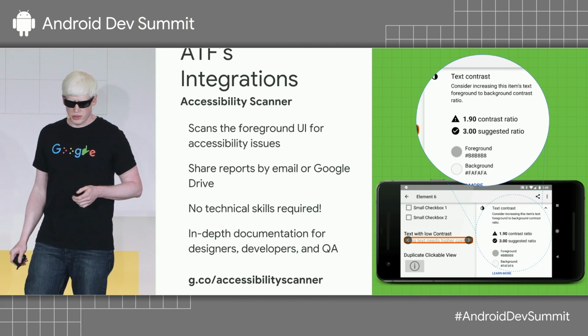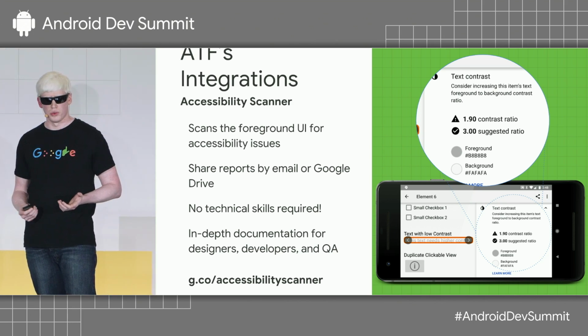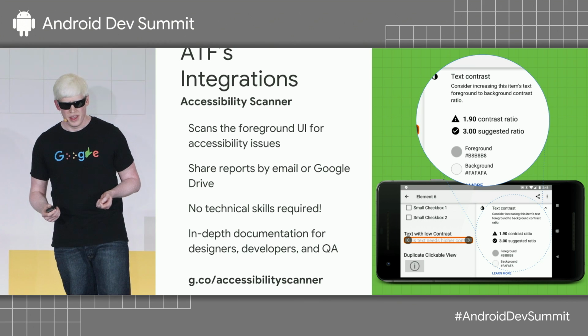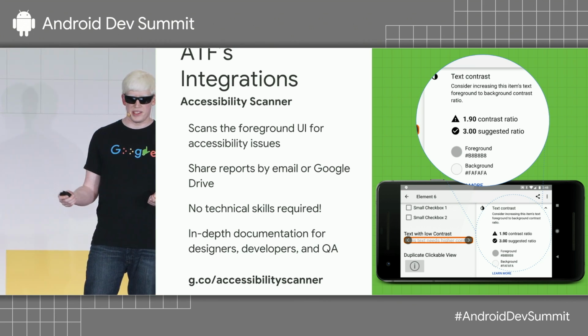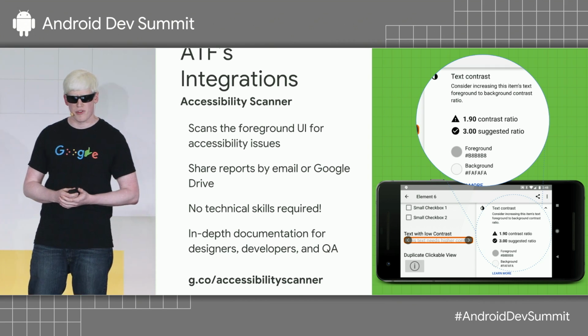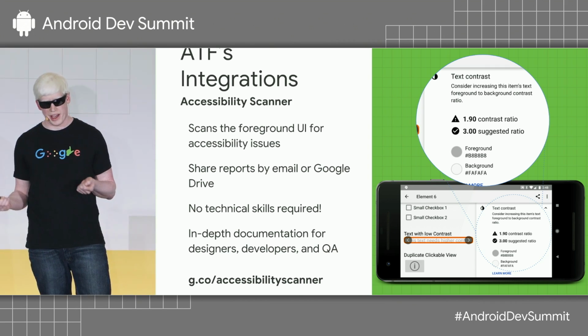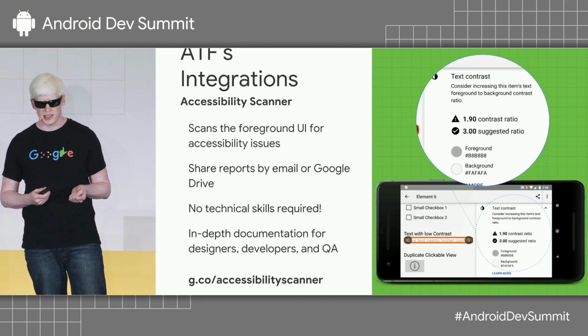So in addition to integrations with these automated test frameworks, we've built a separate standalone tool known as Accessibility Scanner. This is a direct integration of ATF, but Accessibility Scanner sort of acts as a front end for the library. It will evaluate the foreground UI of your application at runtime on an actual Android device.